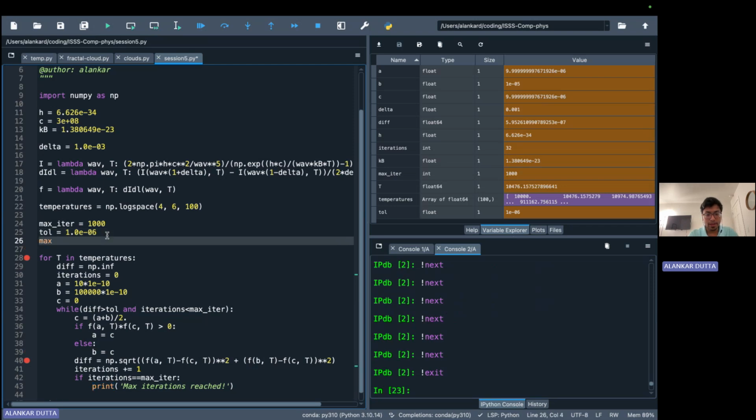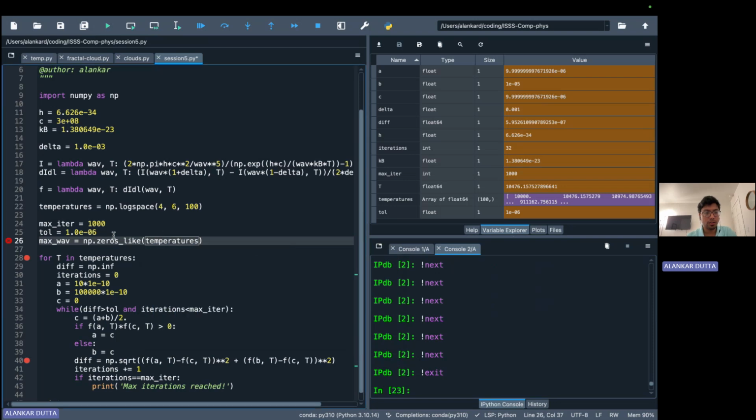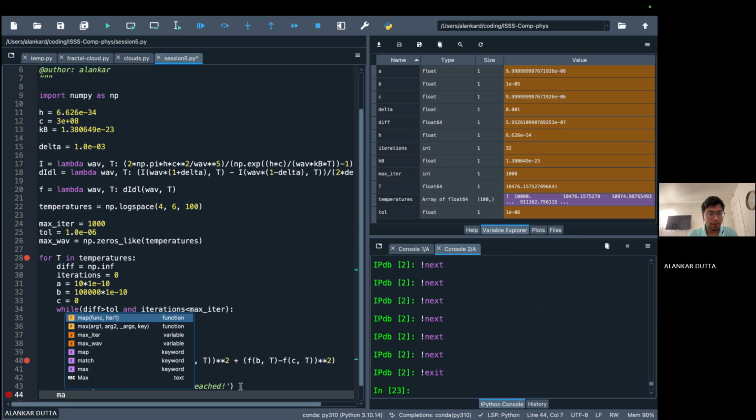So max wave is np dot zeros, like to start with, temperatures. So now here, after the bisection has been done, we give the max underscore wave.